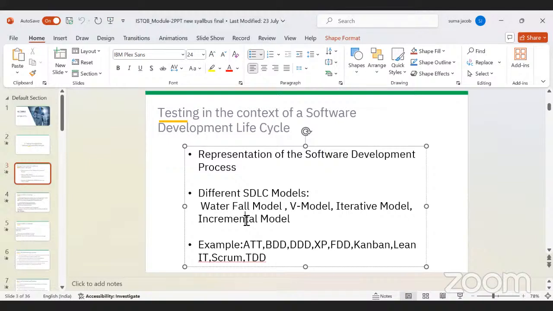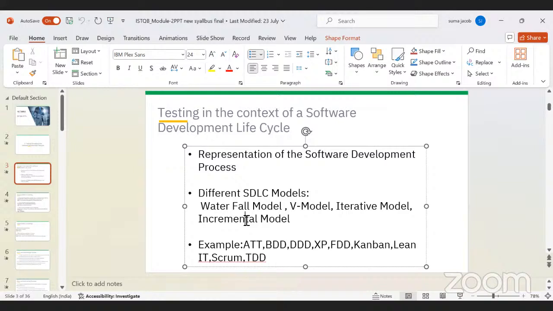So in an incremental model, we divide the whole application into smaller increments, and each increment will have the different STLC phases happening. For example, if we have divided the whole project into n increments, the whole project means the sum of all these n increments.